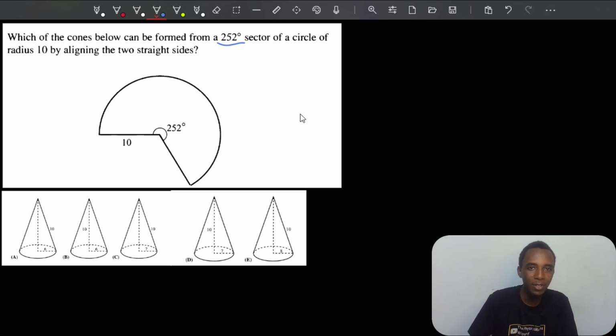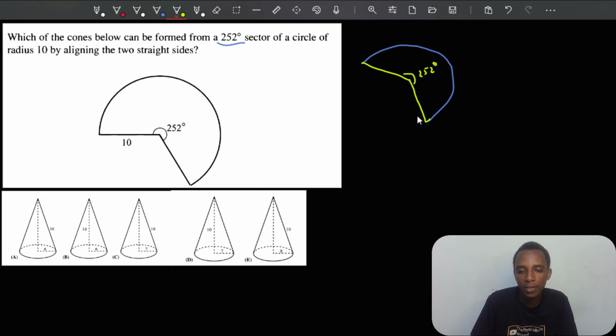I'm going to begin by drawing out this sector again. So this is how it goes. This is 252 degrees, and this is equal to this, which is 10 units.